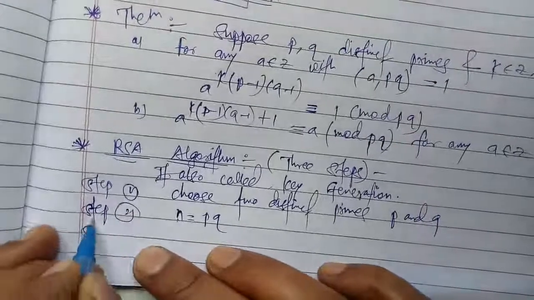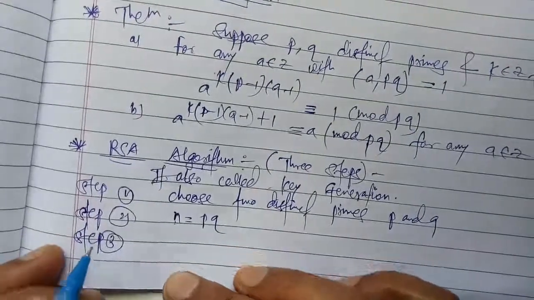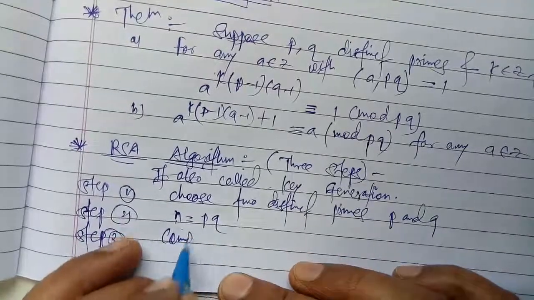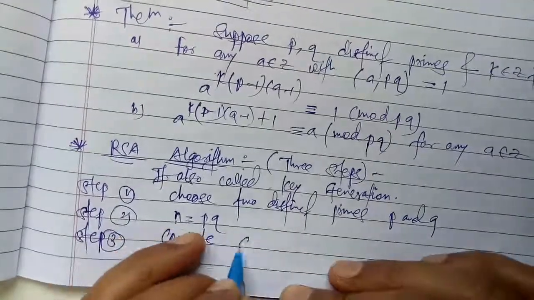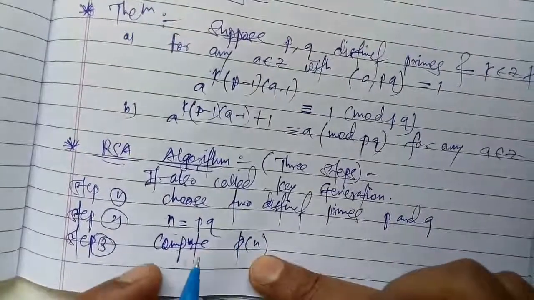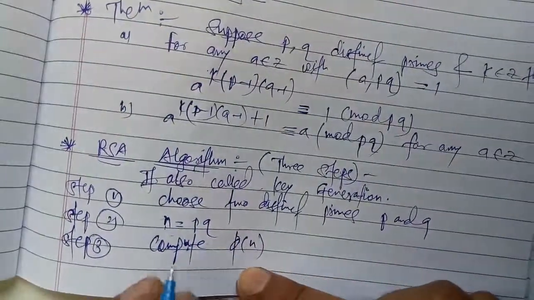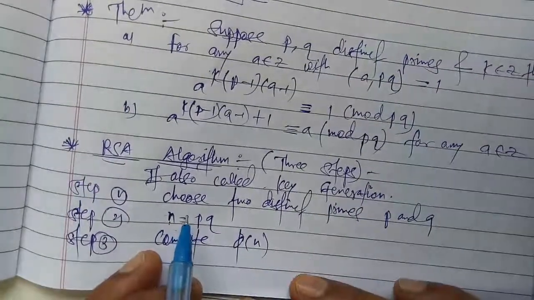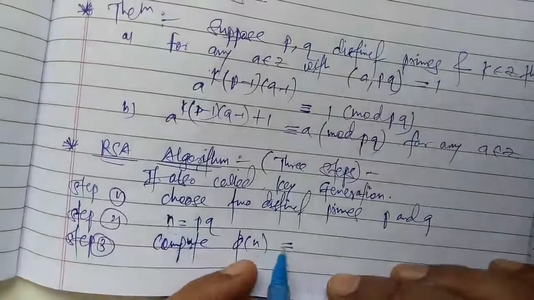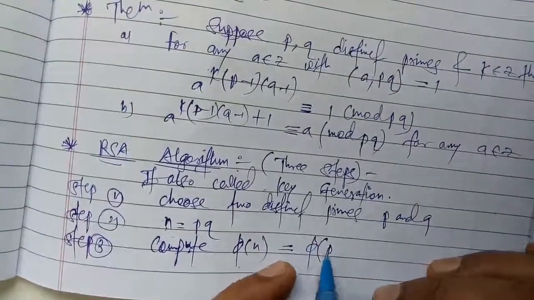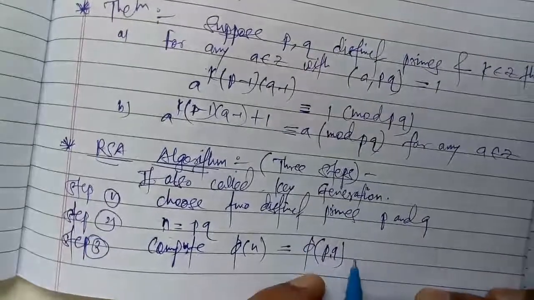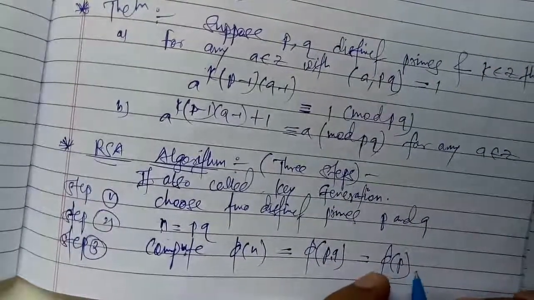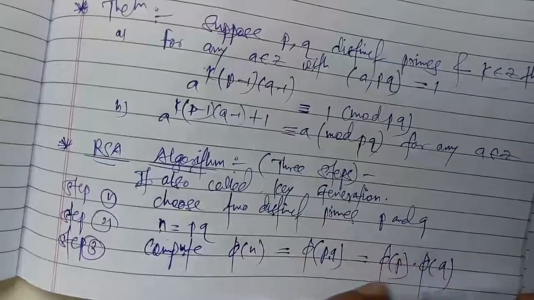That is your third step. For that n value, you have to find phi of n, where n is the product of p and q. Using the Euler phi function, phi of pq is nothing but phi p into phi q.